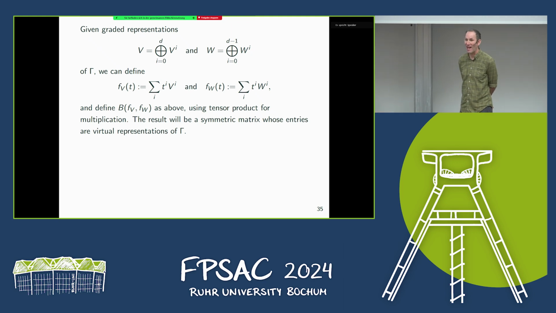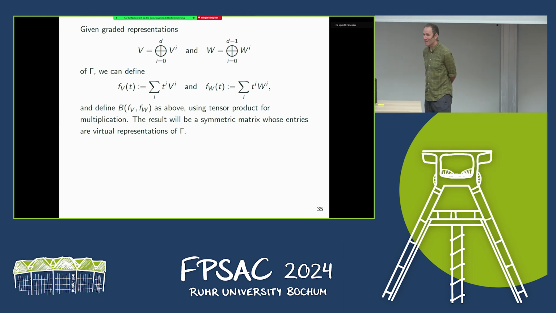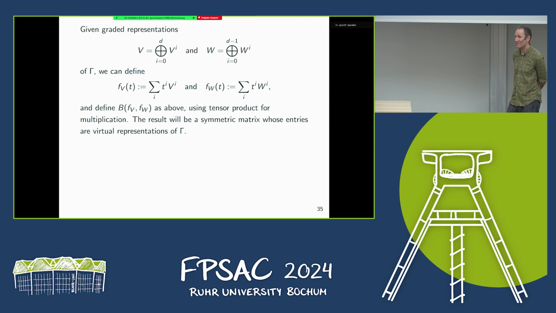So instead of the Chow polynomial, I have the Chow ring, and I think of that as a polynomial where the coefficient of t to the i is the ith graded piece of the Chow ring, regarded as a representation of my automorphism group. I can define the Bézout matrix in the same way. Product becomes tensor product of representations. Now I'm going to get a symmetric matrix whose entries are virtual representations, because I have some minus signs.